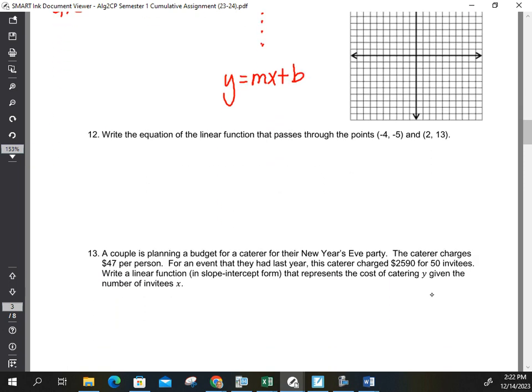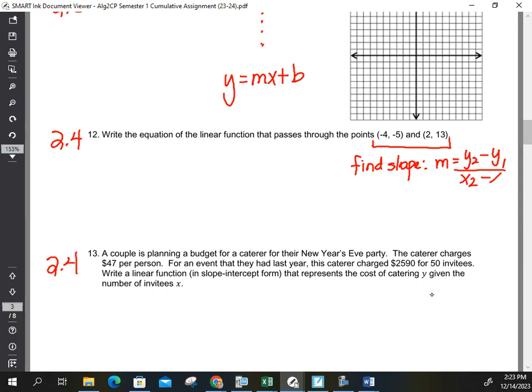Problem 12. You're given 2 points. This is a section 2.4, just like problem 13 is when we get there. You have 2 points. So find the slope.